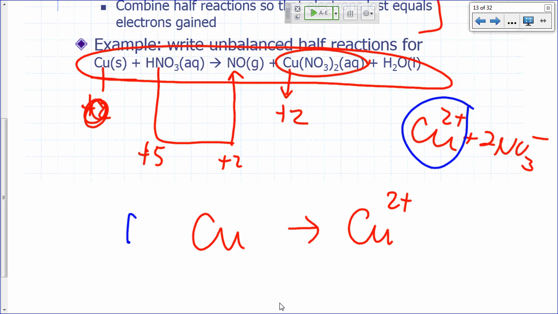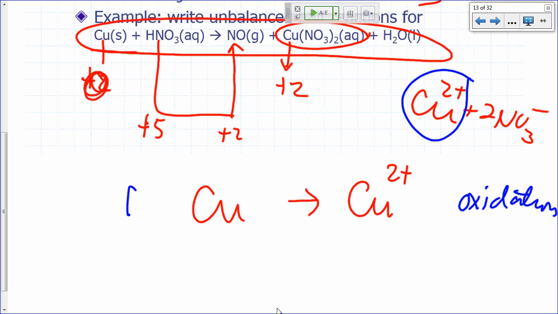And then what do you call this half reaction? Oxidation or reduction? Going from 0 to +2, this is an oxidation, right? Increased oxidation number. In fact, we already saw that this was 2 electrons lost, right? So you know that you're going to have 2 electrons over here.